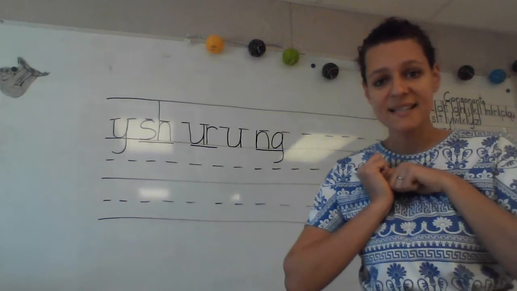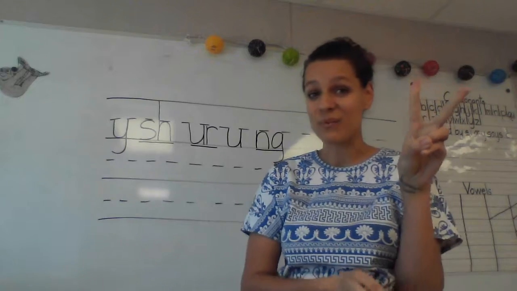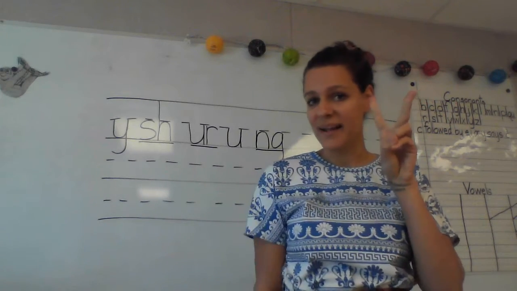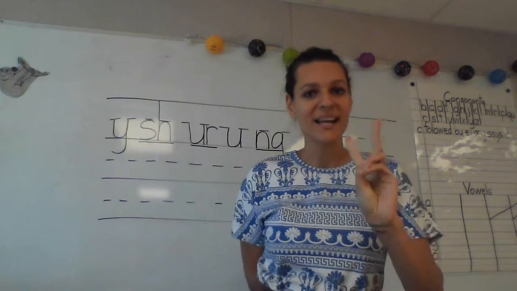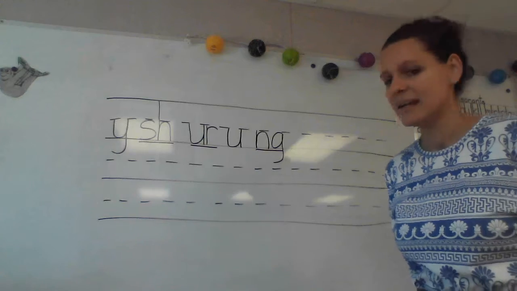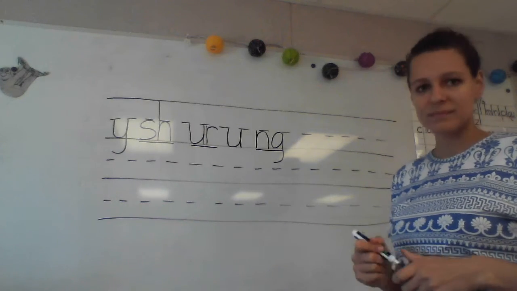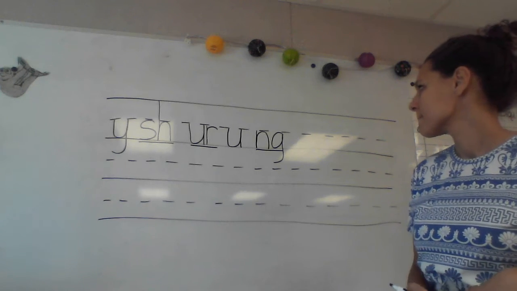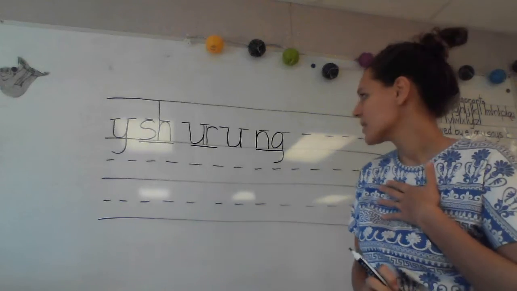All right, our next phonogram is, I'm going to use my fingers to help you remember, hopefully. A. What are you going to write, class? Great job. Write it and say it while you write it. This is the phonogram that was hardest for me.